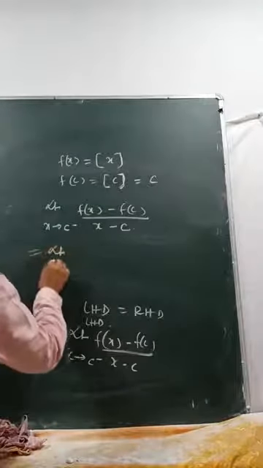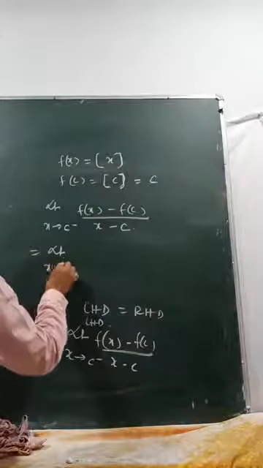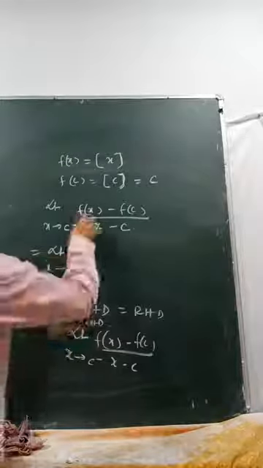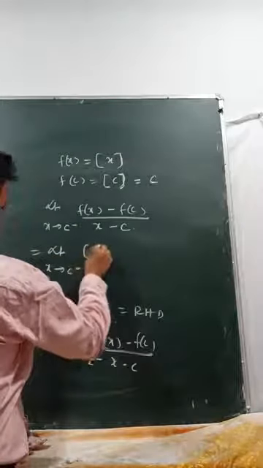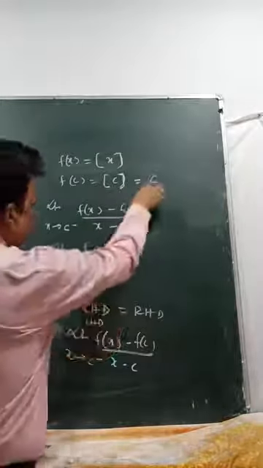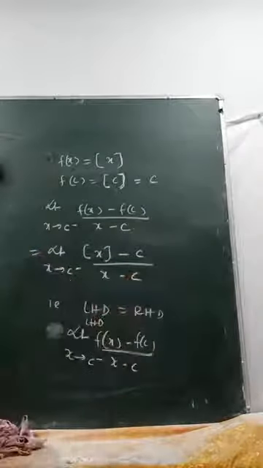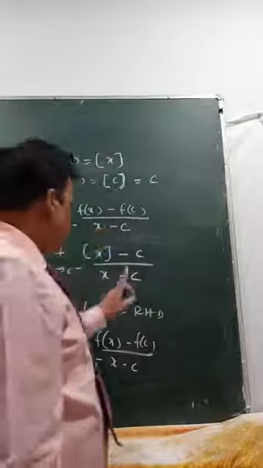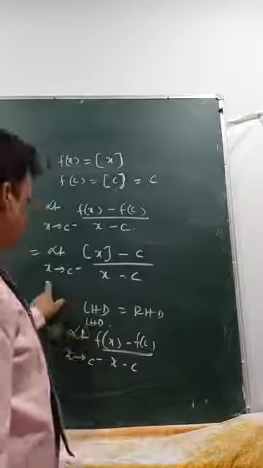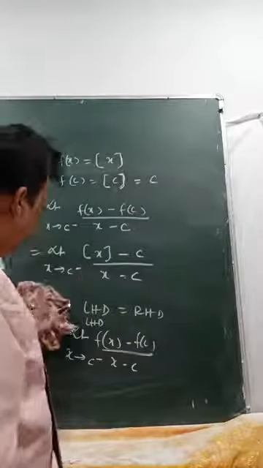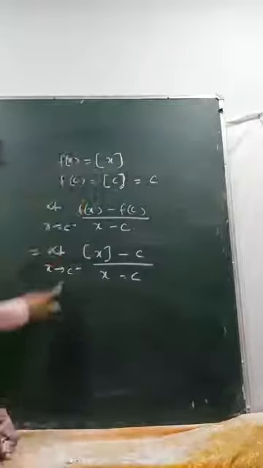How do you do this process? Now limit x tends to c minus, f(x) is your box of x, minus box of c, divided by x minus c. How do you change the limit? I already have discussed the method with you.